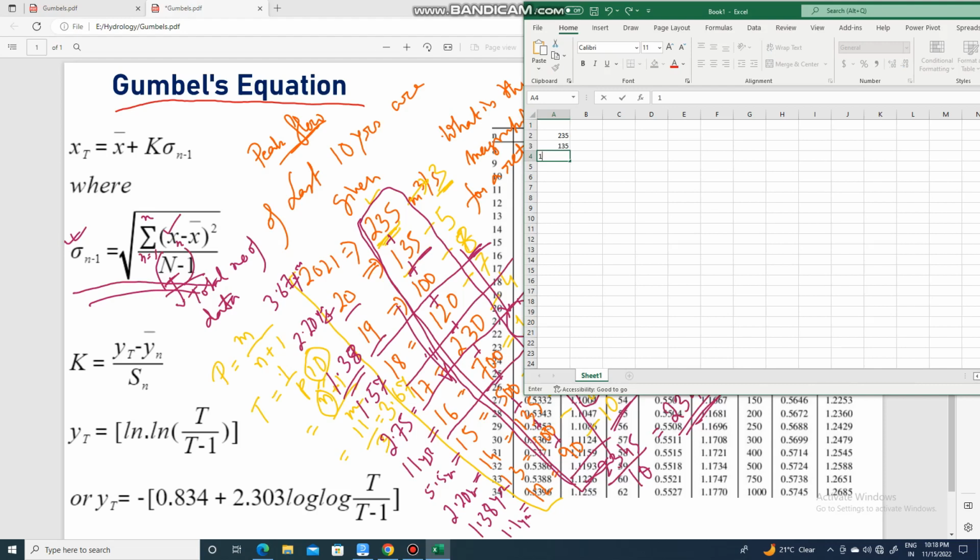Then it will be 100. Then it will be 100. Then it will be 120.